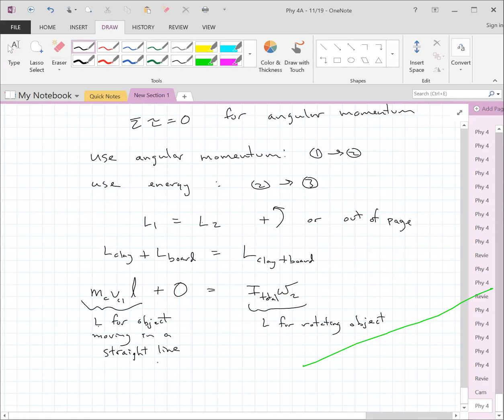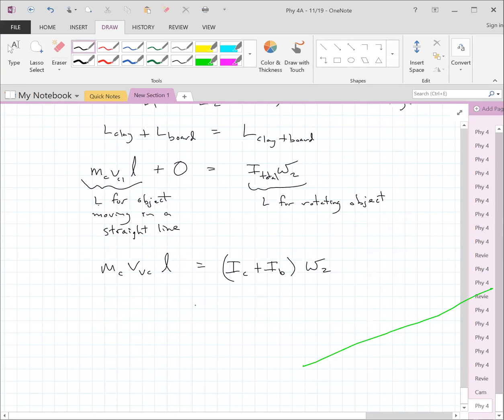Okay, so on the left side of the equation, we have the angular momentum for an object moving in a straight line. On the right side of the equation, we have angular momentum for a rotating object. Now, what's rotating? The left side of the equation I'm not going to mess with right now. Let's leave it the way it is. What's I total? We have I for the clay plus I for the board times omega.